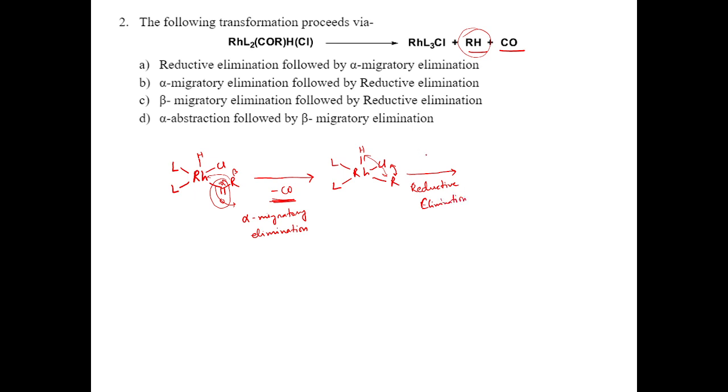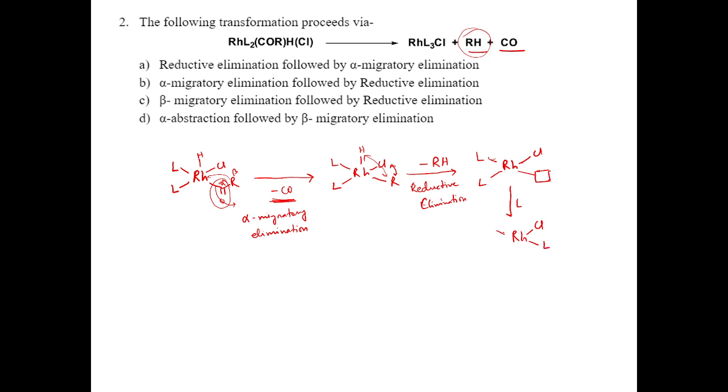So if reductive elimination is possible, then this RH goes out from the complex and forms like this. But you have to understand that here one vacant position is also there. So another ligand will come and bind with this and will form Cl.